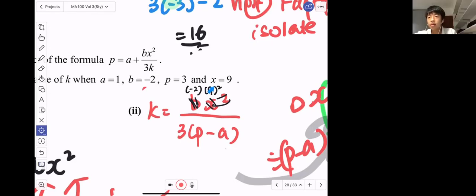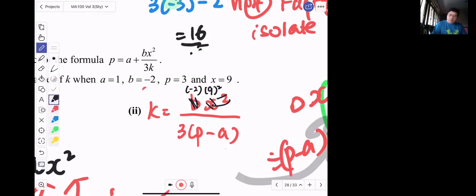Negative 2 times 81 is negative 162. So your numerator will be negative 162, and your denominator should be 6. Very nice answer.